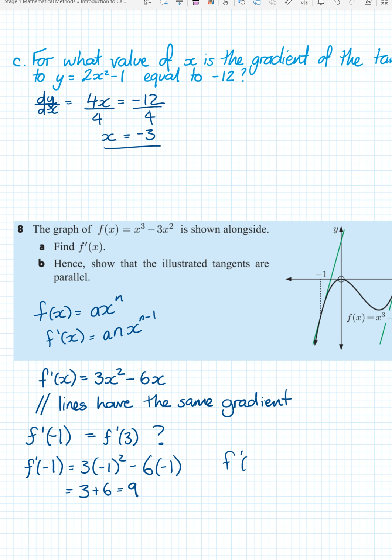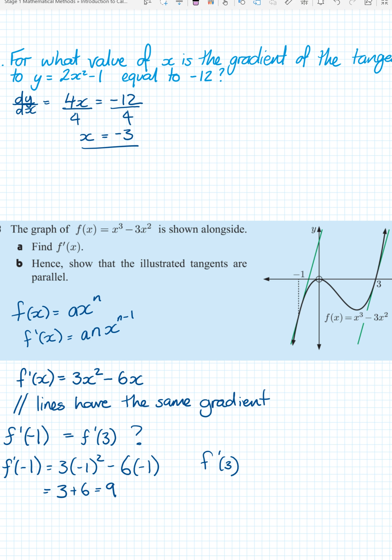f'(3) equals, oops, sorry, that should be 3 cubed. Let's try that again. Oh no, it's not. Ignore me. So f'(3) equals 3 times 3 squared minus 6 times 3.